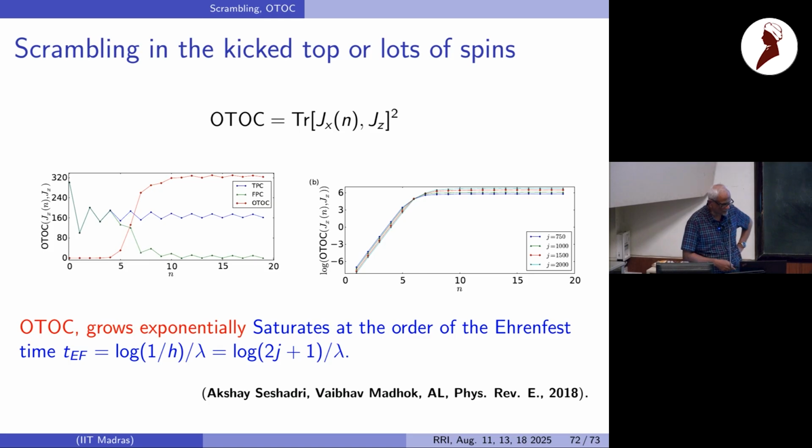But actually, if you see something like the tilted field Ising model, which has no classical limit, and you calculate the commutator between, let's say, a spin at one site and another site at different times, it turns out that it does not grow exponentially. It grows only polynomially in time. You can't extract it. So it's mostly understood that only in models in which you have some large N limits or semi-classical limits do you have this exponential growth in time.